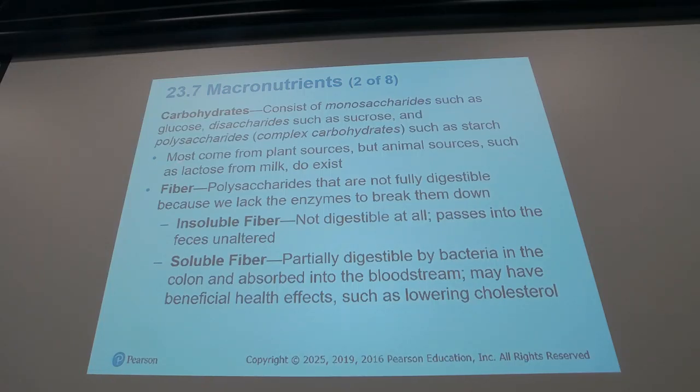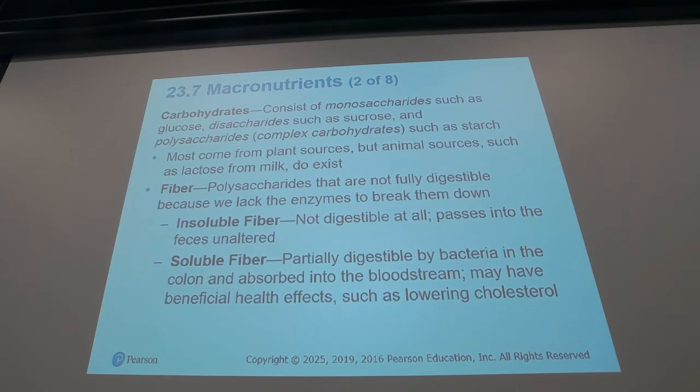Now, carbohydrates, we have not only, of course, carbohydrates that are used by our body. We have some other ones that are not used by our body, like fibers.